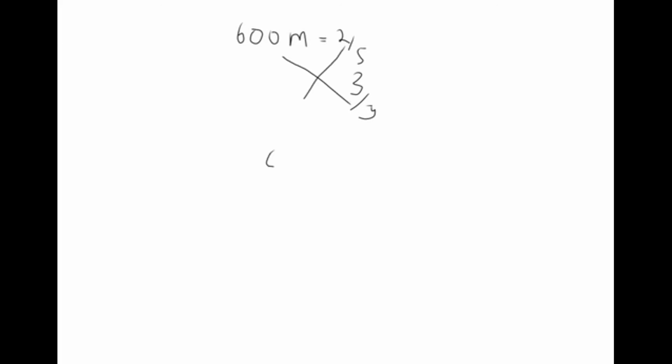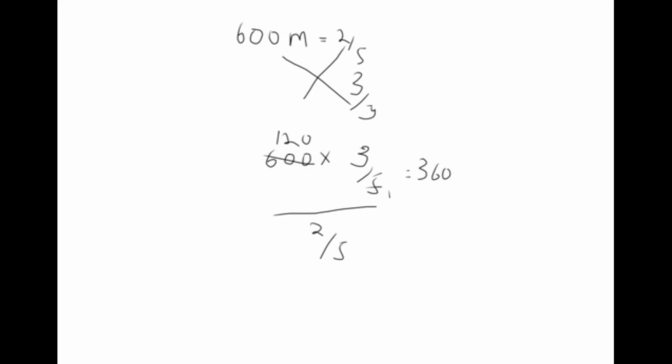We have 600 multiplied by 3/5 divided by 2/5. Simplify. 5 divided by 5, 1. 5 divided by 600, 120. 120 times 3, we get 360.